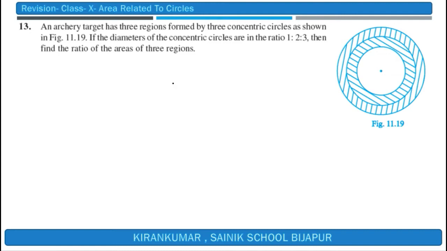So here we need to find out the area of each one of the regions. The first region, let's say, has a radius r1. The second region has a radius r2, and the third region has the radius r3.